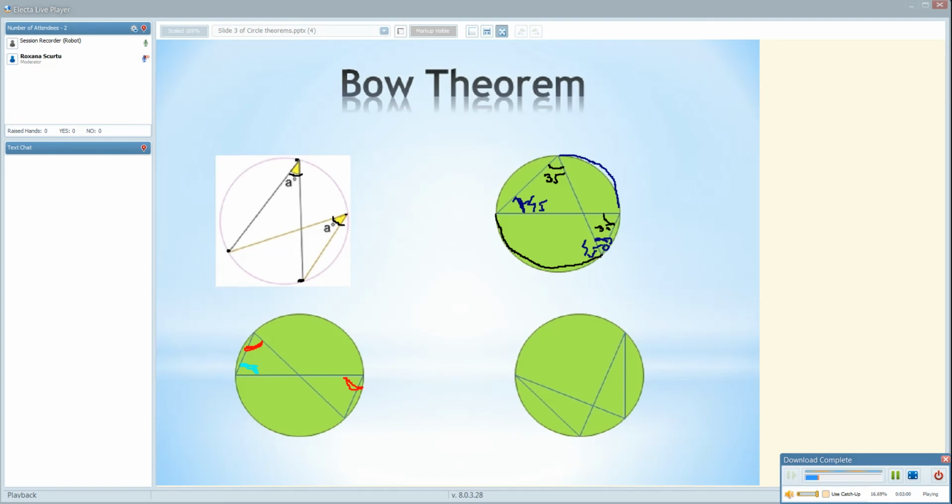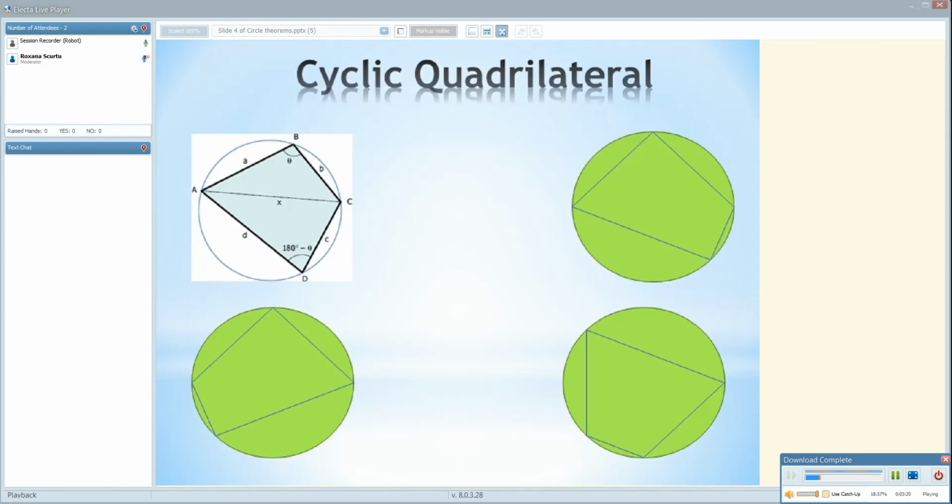And also this angle here with this angle here. They have the same chords. And this one with this one, or this one with this one. Yeah? We're going to have some practice in a few minutes.